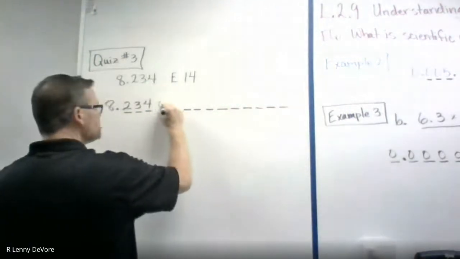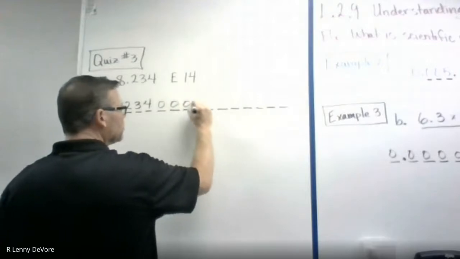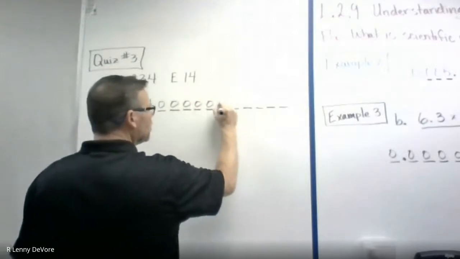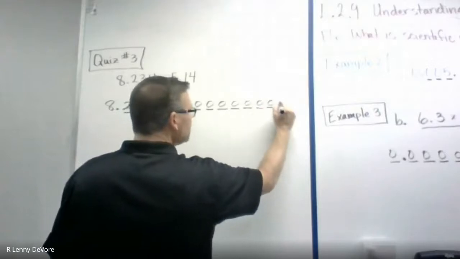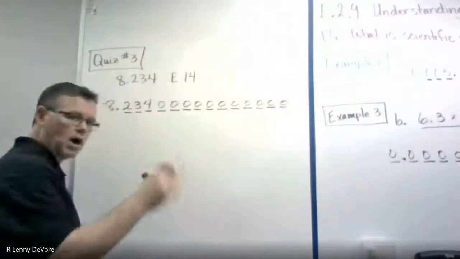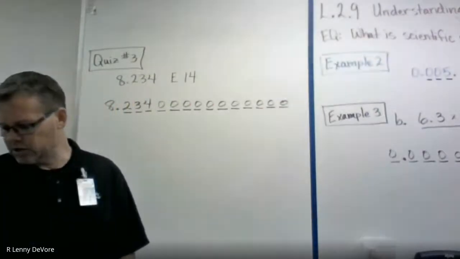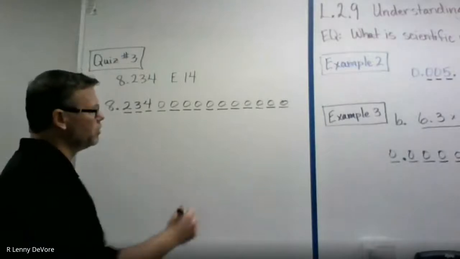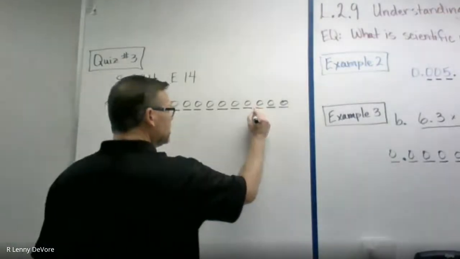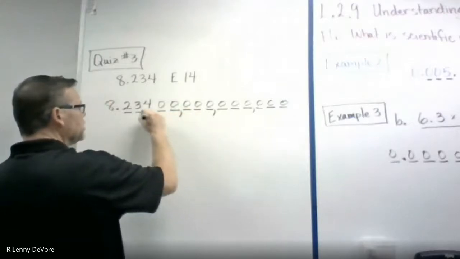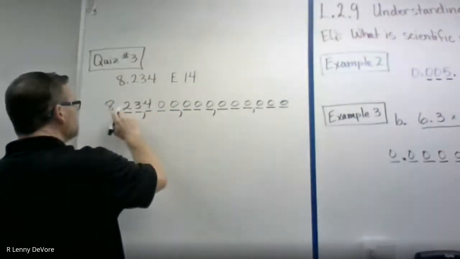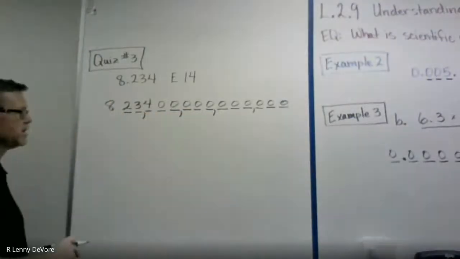Okay, then I'm going to fill these in with zeros. And they're going to ask you guys when you put this in the quiz to put in commas where they belong. Okay, and so then at this point, I go through and look at this and I go, okay, I need one here, I need one here, I need one here, I need one here, and that's it. And I can erase that decimal there.